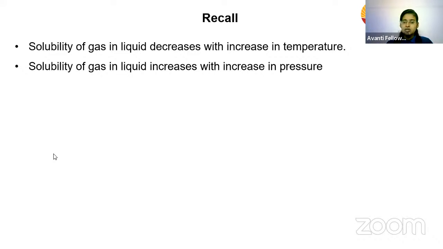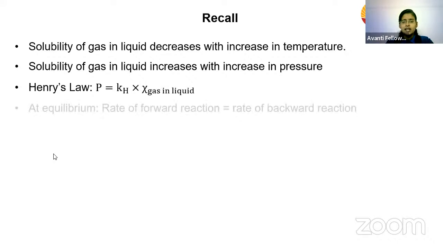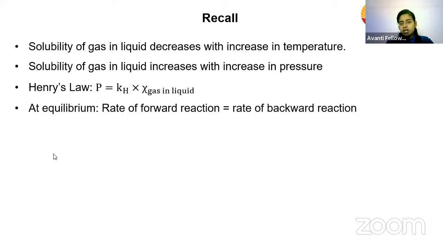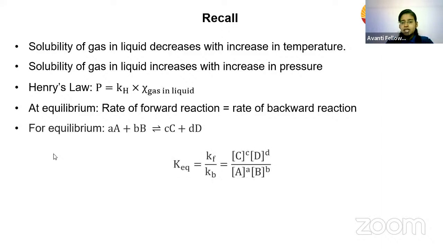And also we have studied Henry's law, which is equal to Kh into the mole fraction, and at equilibrium for a chemical reaction, the rate of forward reaction will be equal to the rate of backward reaction. For any reaction of this type, the equilibrium constant Keq will be equal to the product of the products' concentrations divided by the product of the reactants' concentrations raised to their stoichiometric coefficients, right?